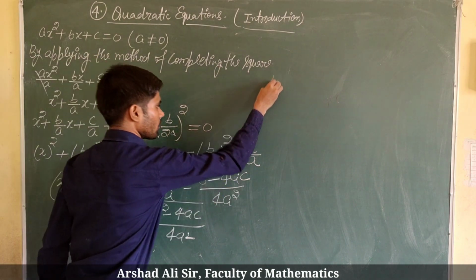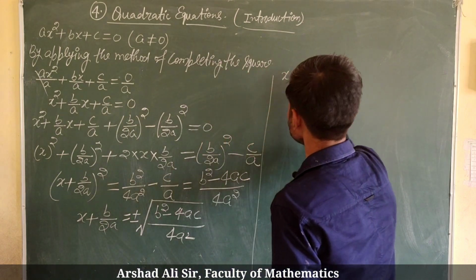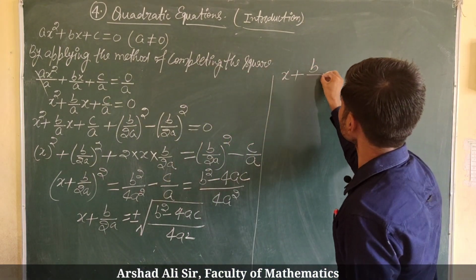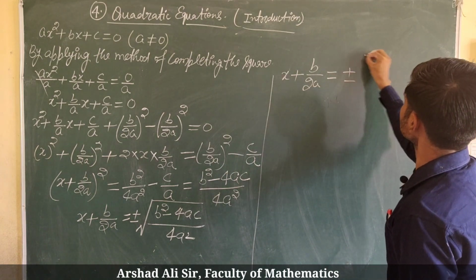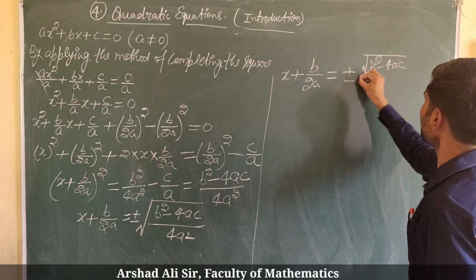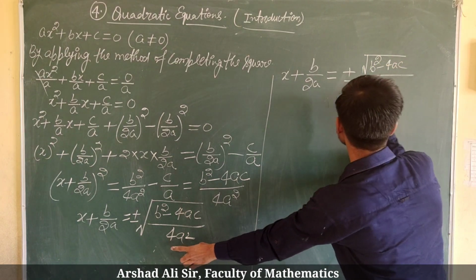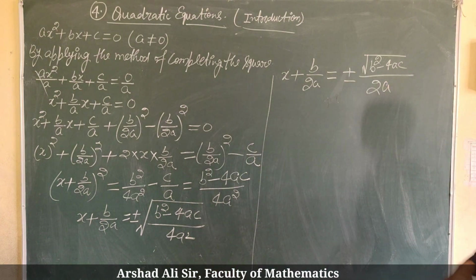Now we can write x plus b upon 2a is equal to plus minus square root of b square minus 4ac, and the square root of 4 will be 2, the square root of a square will be a.